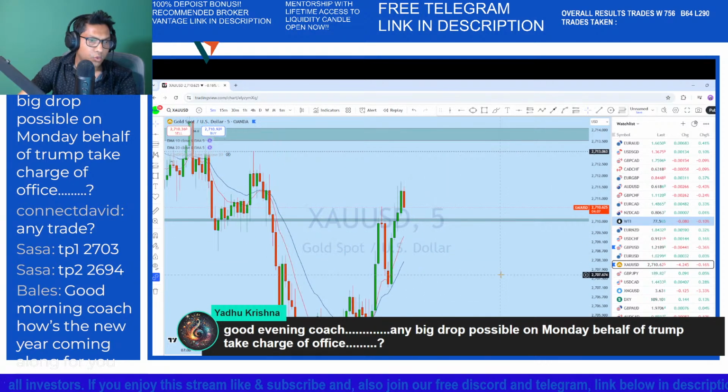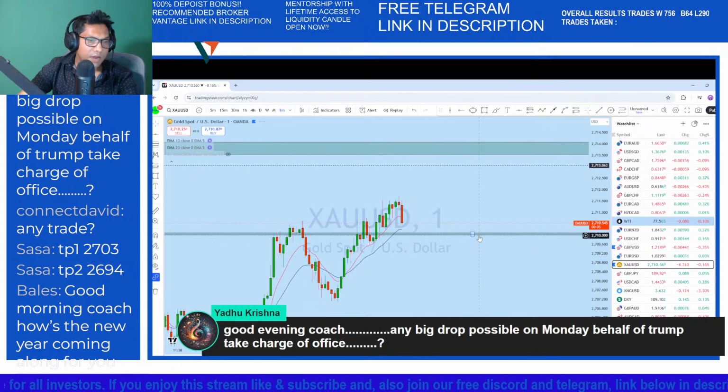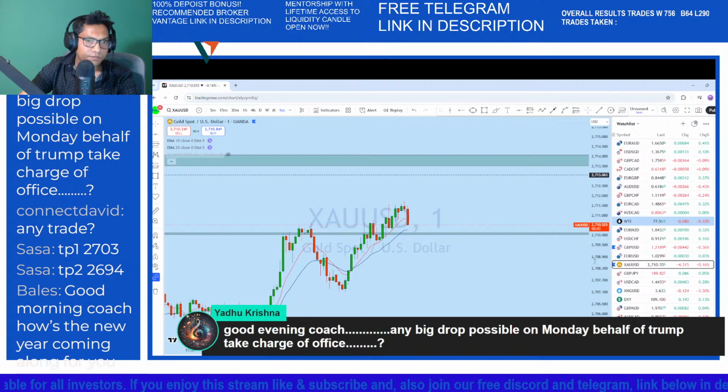Okay, so you can see some pullback here that might lead that price back to the support level.